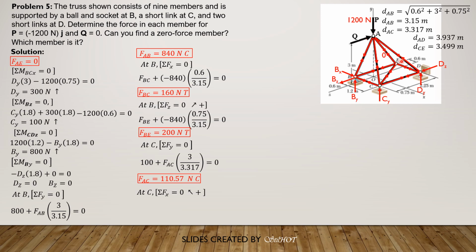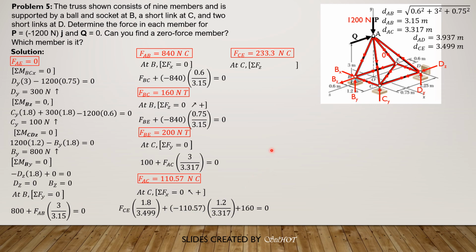So we have FCE times 1.8 divided by distance 3.499 plus the x component of negative 110.57 times 1.2 over distance 3.317 for FAC, plus 160, which is FBC, equals 0. So solving for FCE, it is equal to 233.3 newtons. It is negative, so it's compression.